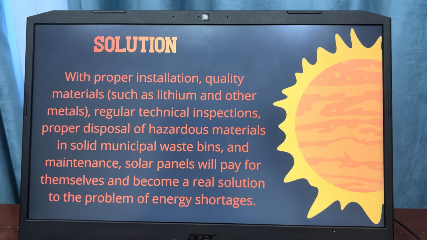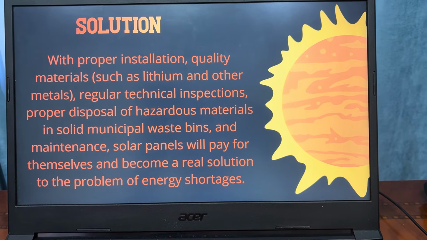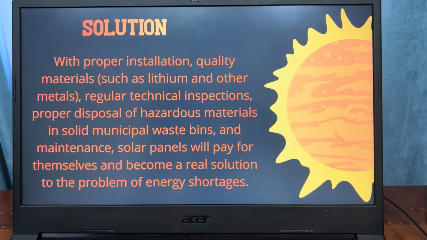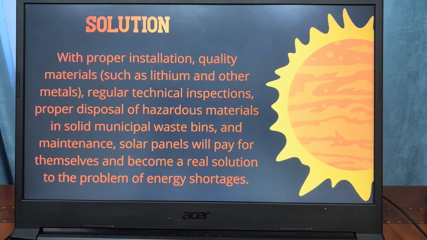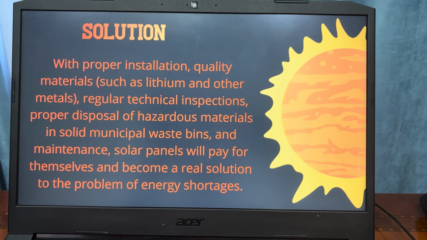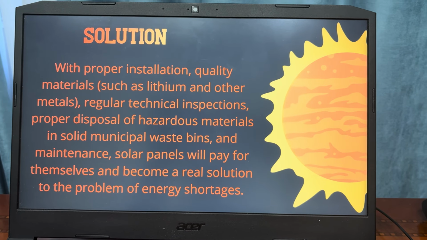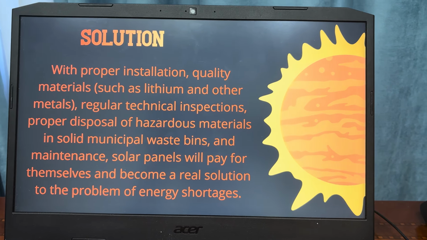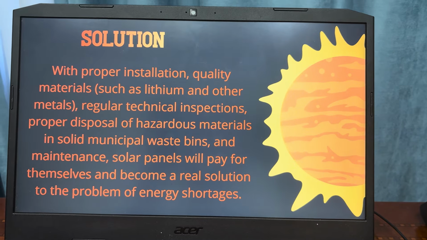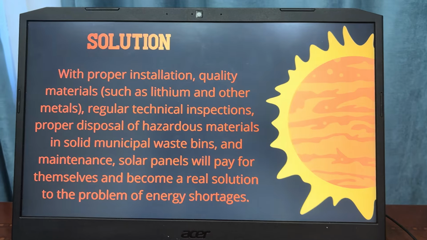My solution is proper installation, quality materials such as lithium and other metals, regular technical inspections, proper disposal of hazardous materials in solid municipal waste bins, and maintenance. Solar panels will pay for themselves and become a real solution to the problem of energy shortage.